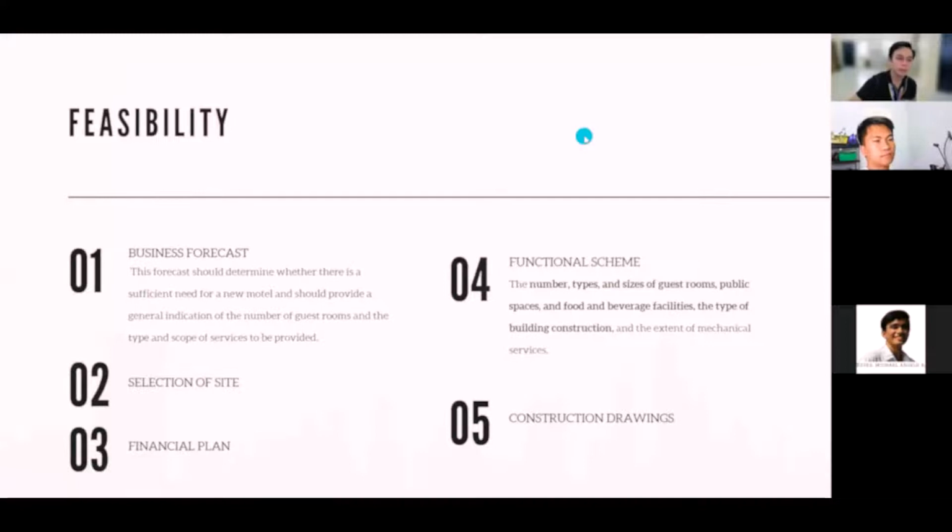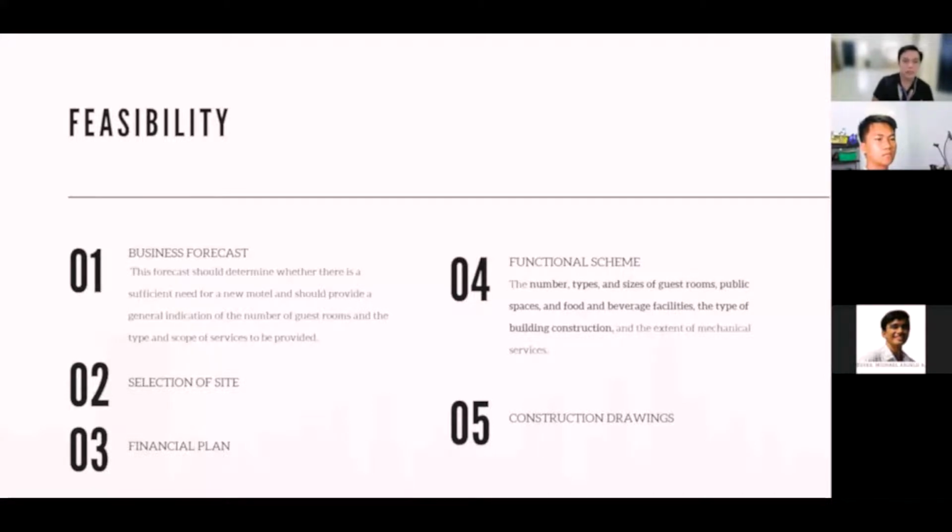Feasibility. When you are conducting the initial design, in the initial meeting of an architect versus the owner, the first thing should be the business forecast. These steps, 1, 2, 3, 4, 5, you can also apply when you are proposing your thesis title.